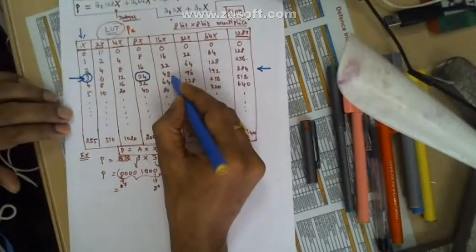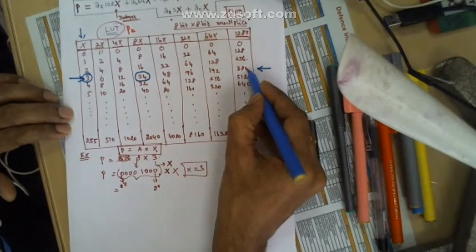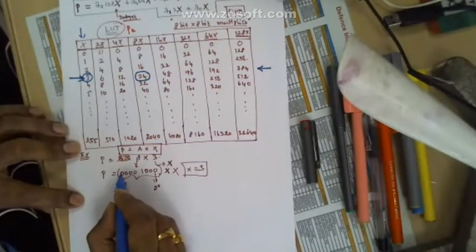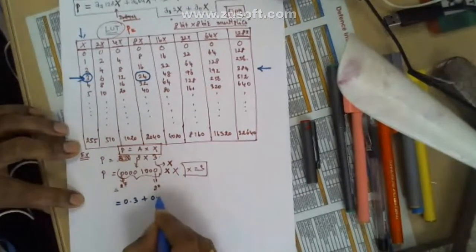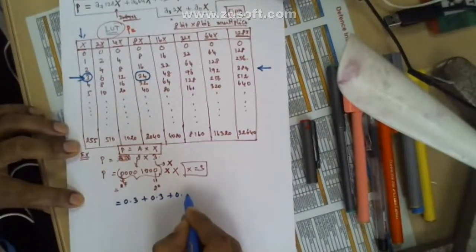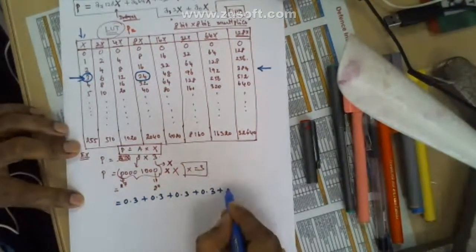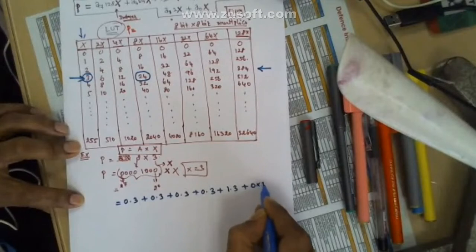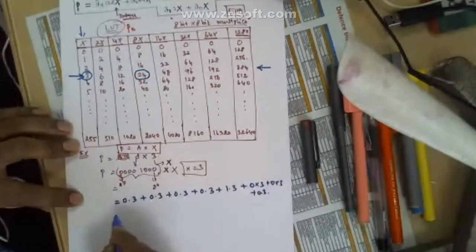Then this portion also is 0, this portion also is 0, this portion also is 0, this portion also is 0. So something I'm writing like that. Here, this portion is nothing but 0 into 3 plus 0 into 3 plus 0 into 3 plus 0 into 3 plus 1 into 3 plus 0 into 3 plus 0 into 3 plus 0 into 3, right?